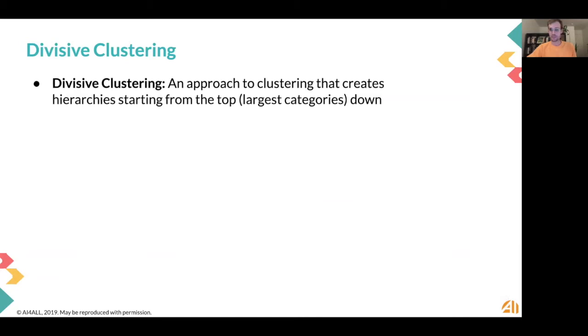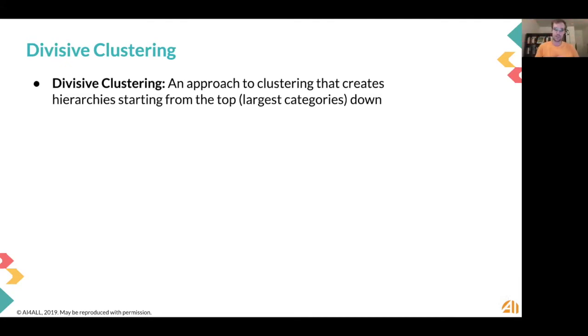And we might define the divisive clustering approach as an approach to clustering that creates hierarchies starting from the top and moving down. And this is a little outside the scope of the lesson, but you can contrast this with a family of approaches that start with just completely spread out data and then clump local things together in increasingly large clusters until you end up with a cluster at the top that includes everything.